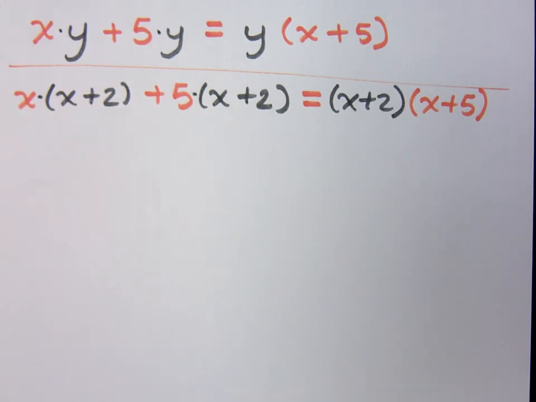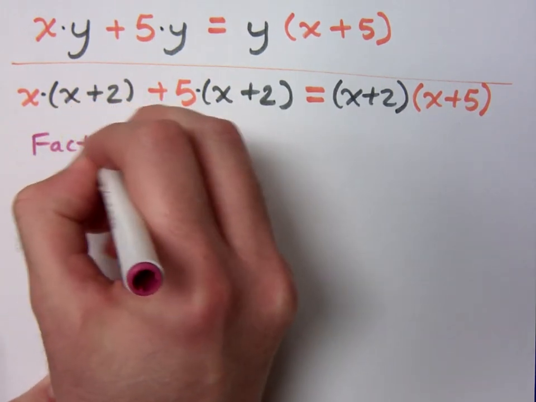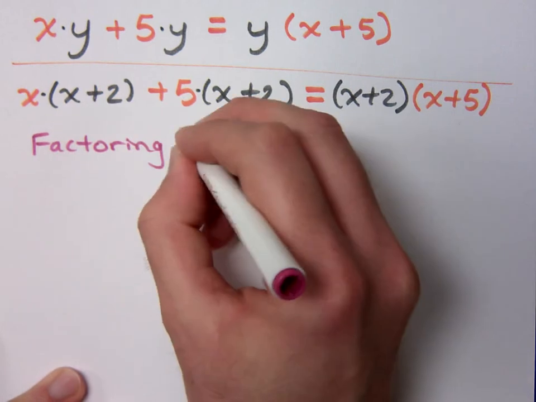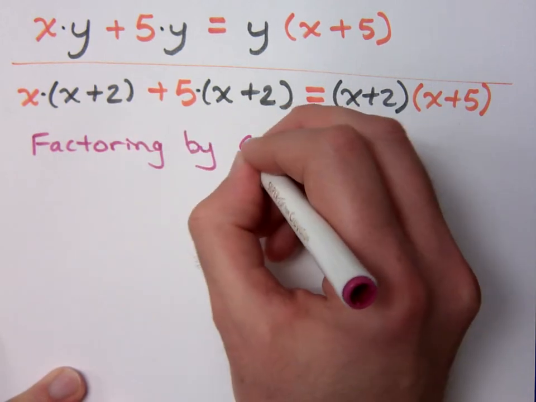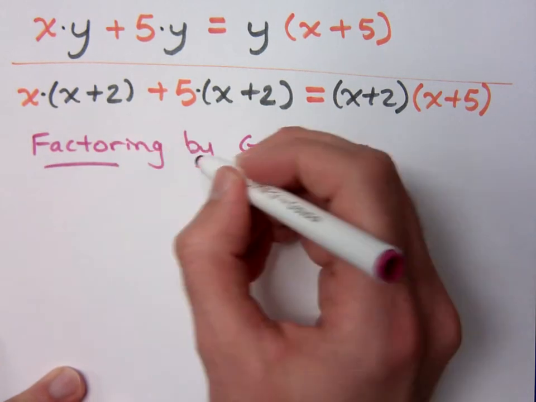Now, there's a reason I show this to you, so that we can actually do this next thing in terms of factoring. It's called factoring by grouping. So we're going to talk about factoring by grouping.